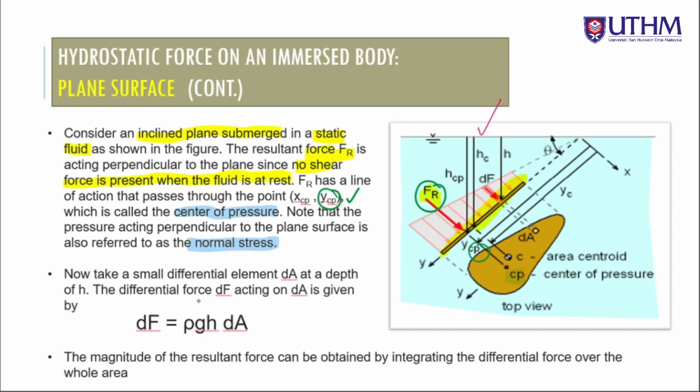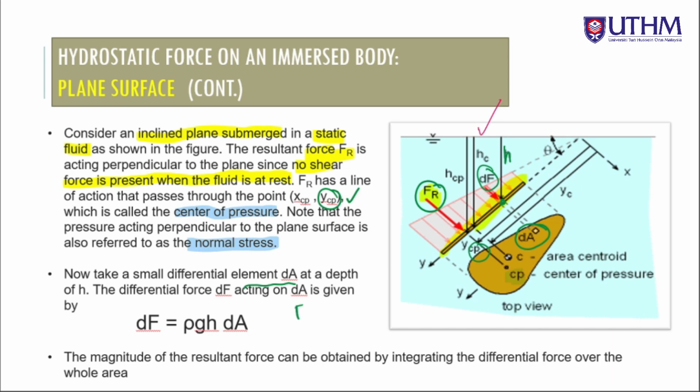Okay. So now take a small differential element dA. Yang ni kita nak ambil contoh small element dA at a depth of h. Okay, kalau dA kat sini adalah point ni, so dia punya equivalent height dekat dA position kita ambil ni adalah h. So the differential force acting on dA is given by, so that's why dF equals rho G h dA.